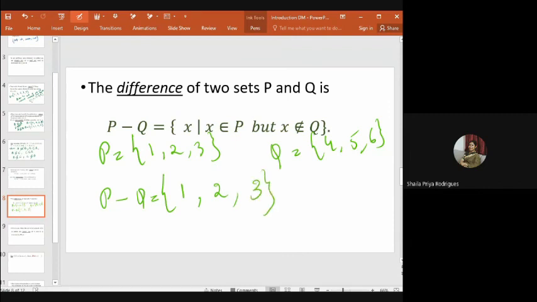So P minus Q is 1, 2, 3. So basically, whatever elements of Q are present in P, you're removing them from P and putting the rest of the elements of P in this P minus Q set. Is that clear?